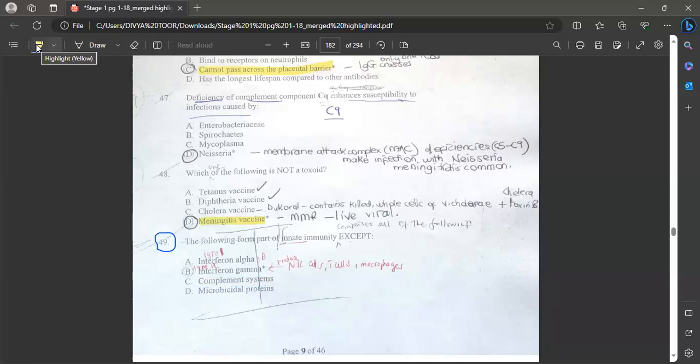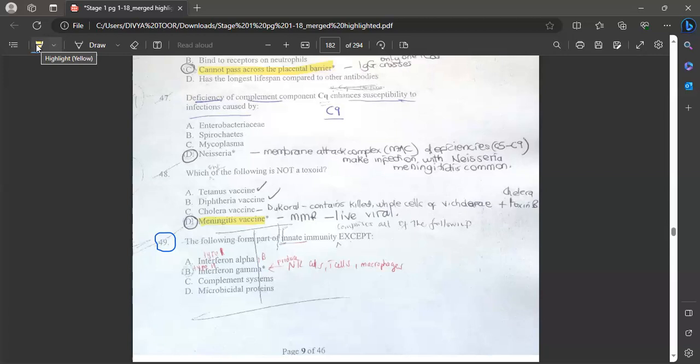Chapter 1. Send the photo. Because for number 49, what are we thinking?